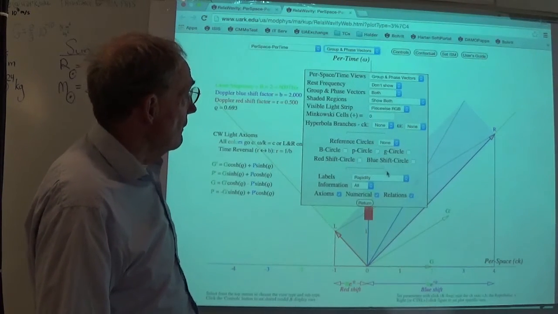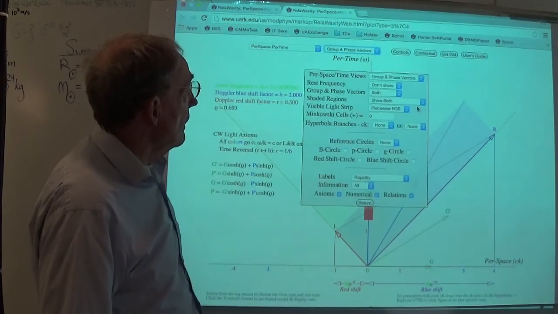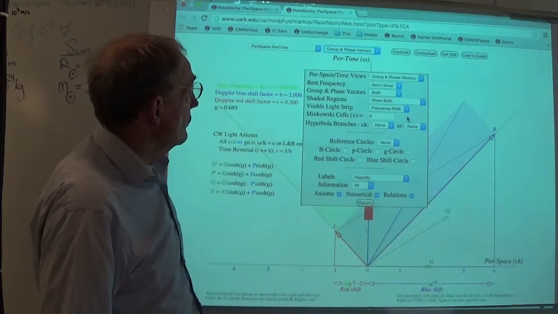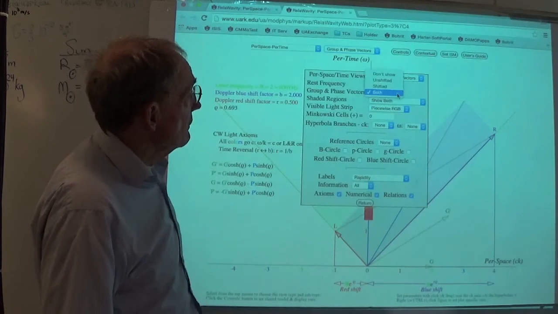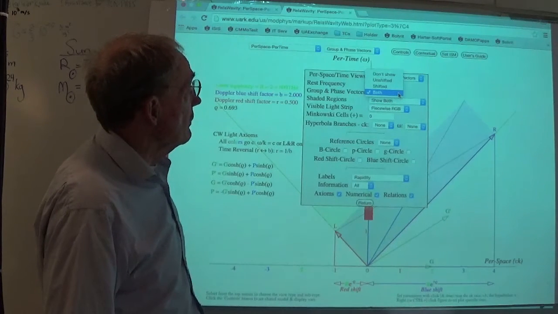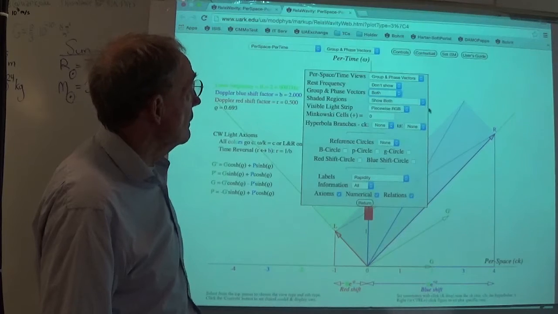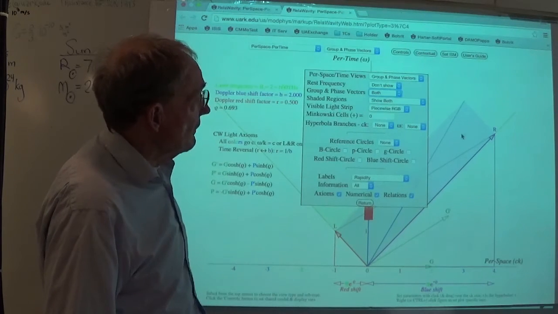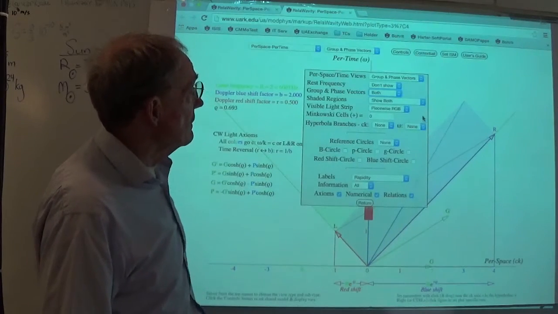But if you right click or control click, you can put up a little screen that lets you show different things. For example, right here, I'm able to pick whether I'm going to see the group and the phase vectors. If I didn't want to see those, I could just not show them, or show only the shifted ones. I'm doing both here. The shaded region, that rectangle, is encompassed by ultraviolet and infrared.